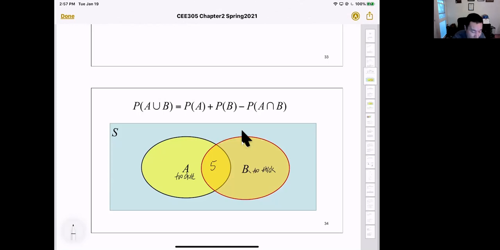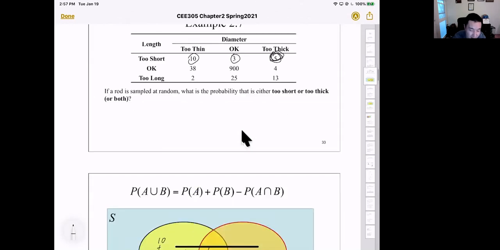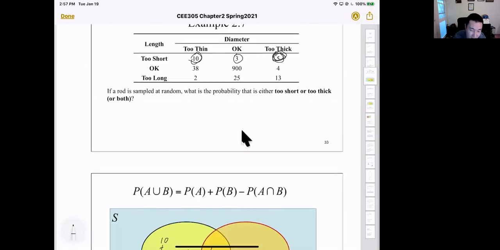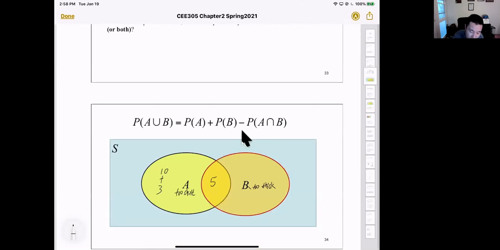And for too short, we have 10 plus 3. Okay, so 10 is here, too short, too thin, and too short, okay. And similarly, for too thick, we have 4 plus 13 here. All right. So to calculate the probability it is too short or too thick or both, we can use P(A) plus P(B) minus P(A and B).